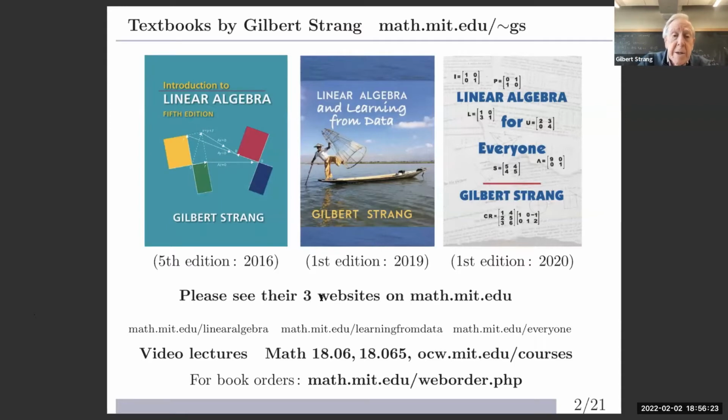And then the next middle book is the newer book that includes learning from data. So that will be part of today's presentation. And then you see a third book, a shorter linear algebra book that I wrote during COVID.